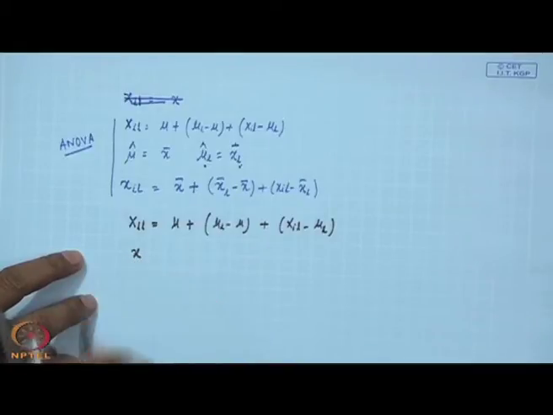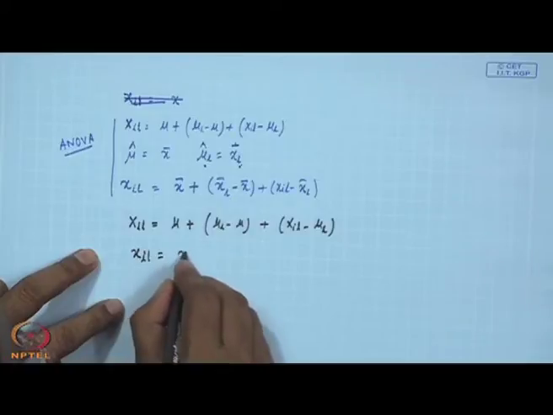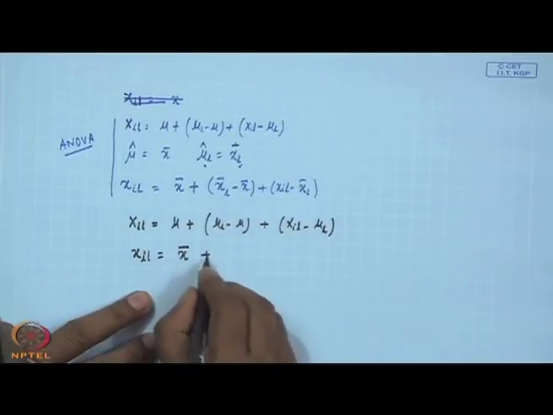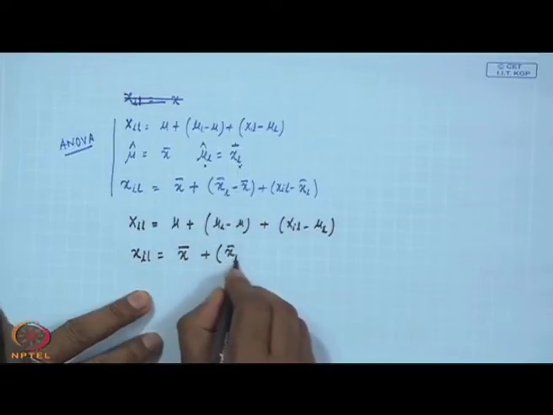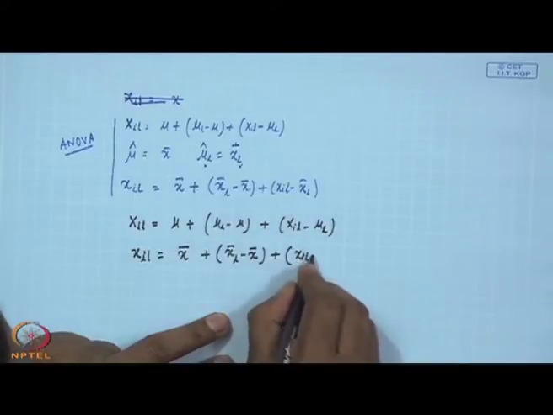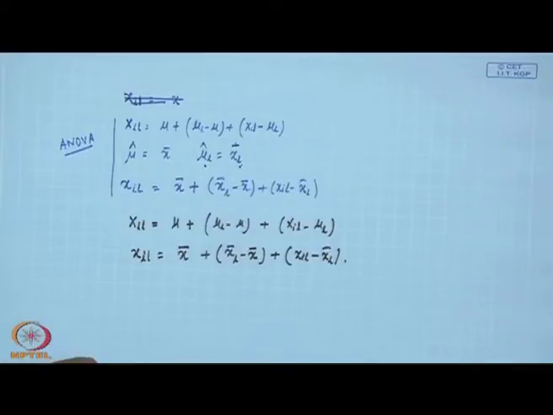So, we are writing a vector x_il, which is x bar, that is the sample mean vector, plus (x_l bar minus x bar) plus (x_il minus x_l bar). Okay.